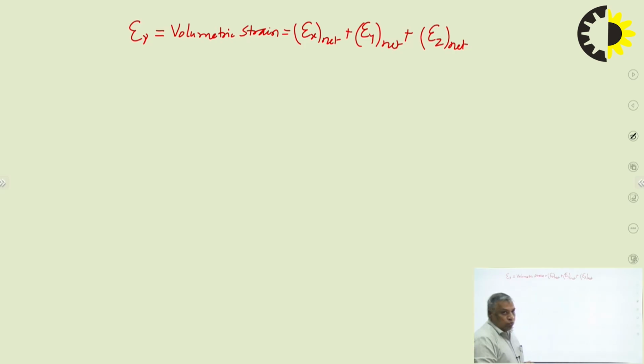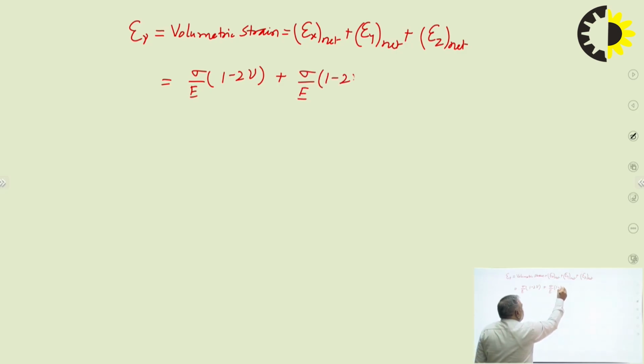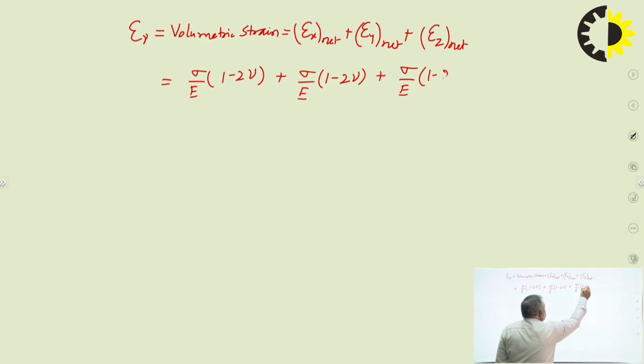I will prove how it is, but it is the well established relationship for volumetric strain. So you can write, this is sigma upon E (1 minus 2 nu) plus sigma upon E (1 minus 2 nu) plus sigma upon E (1 minus 2 nu).